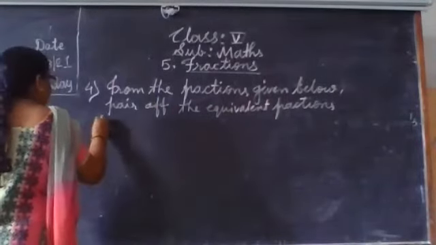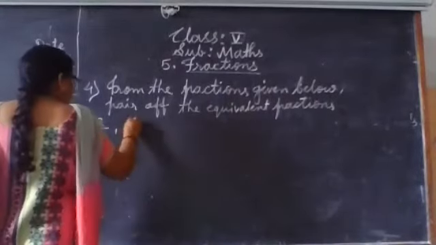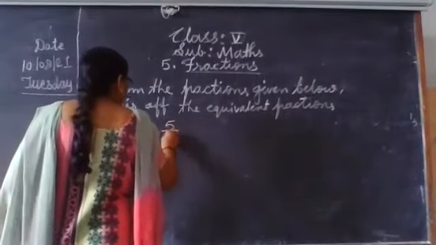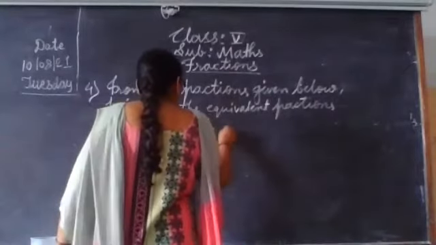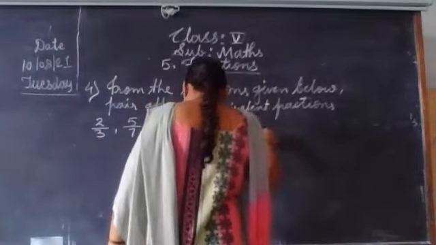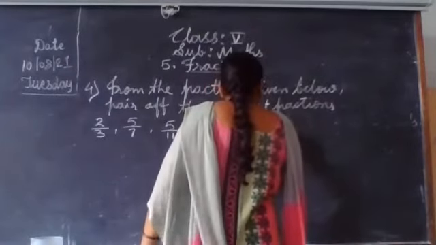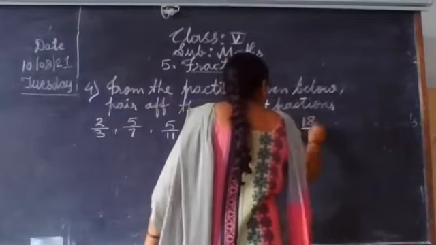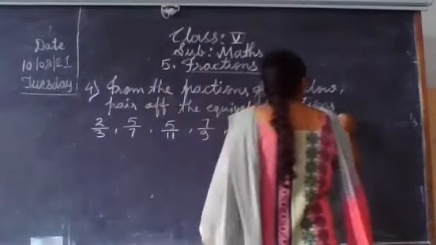2 upon 3, 5 upon 7, 5 upon 11, 7 upon 9, 14 upon 18, 15 upon 33, 18 upon 27, and 10 upon 40.